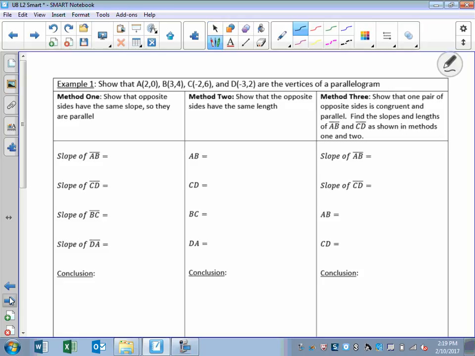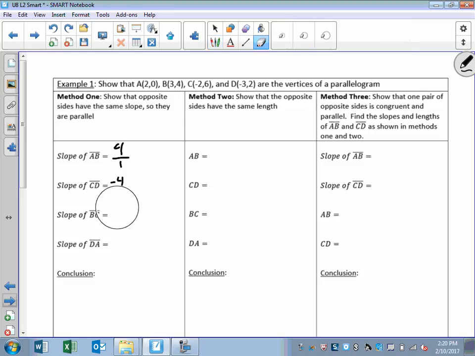Slope of AB will be 4 minus 0 over 3 minus 2, so that would just be 4 over 1. Slope of CD would be negative 4 over negative 1, or just 4 over 1, same thing.